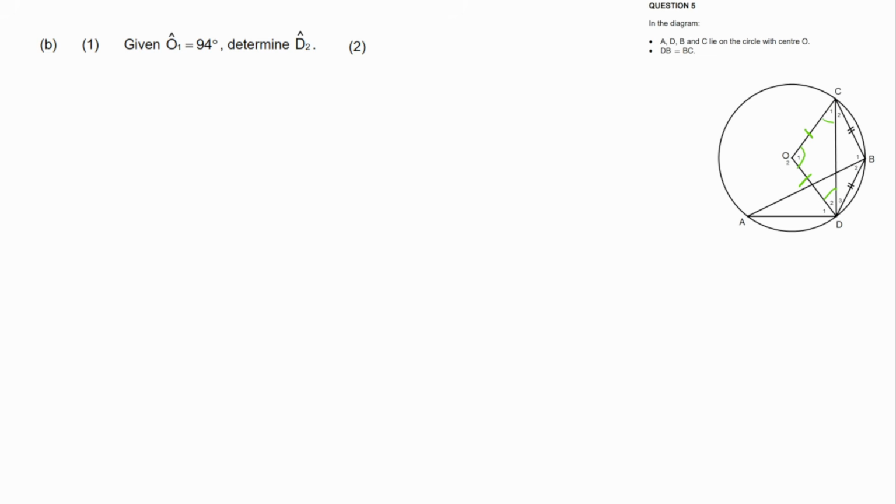So I know that D2 is equal to C1, and the reason is because it's an isosceles triangle. I know that there's 180 degrees in the triangle. So I have D2 plus C1 plus 94 degrees is equal to 180, and the reason there is angles in a triangle.